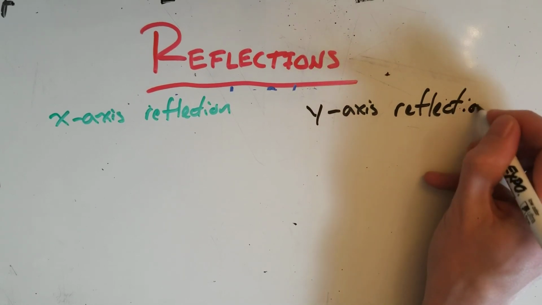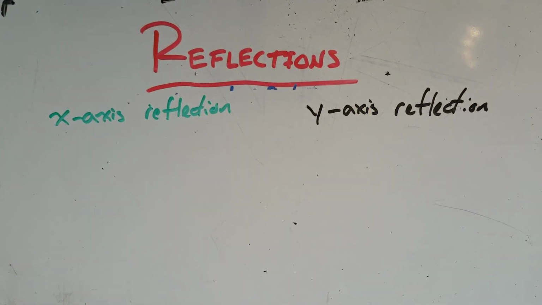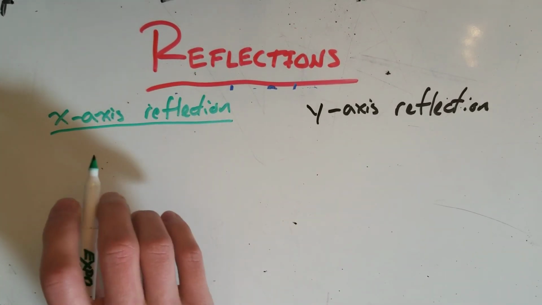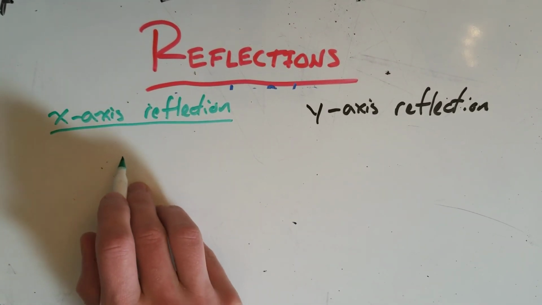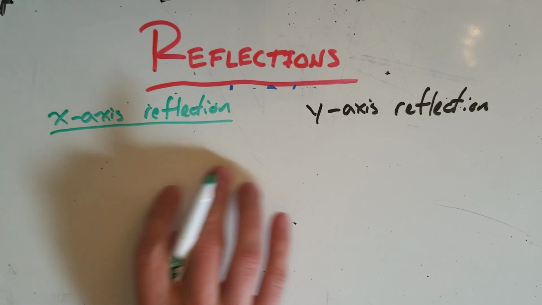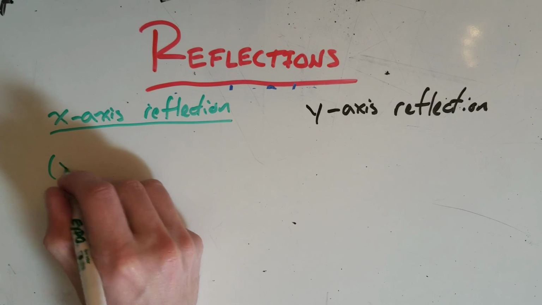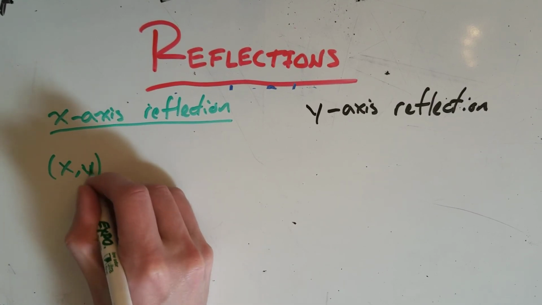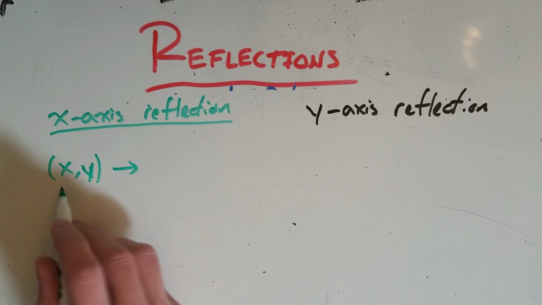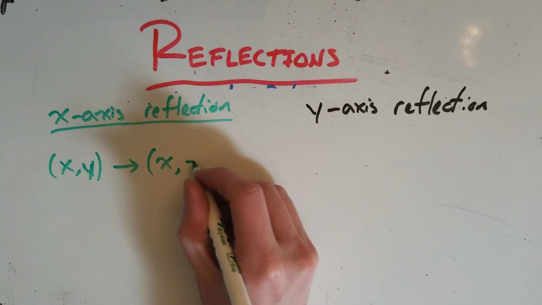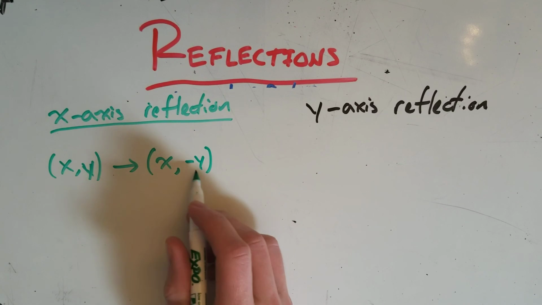Now with all these transformations, it's really just about learning what the special rule is. So with reflections, when we go over the x-axis, x stays the same and y becomes the opposite. What that means is whatever ordered pair you have, x is going to stay x, and y is going to become the opposite of y, like that.